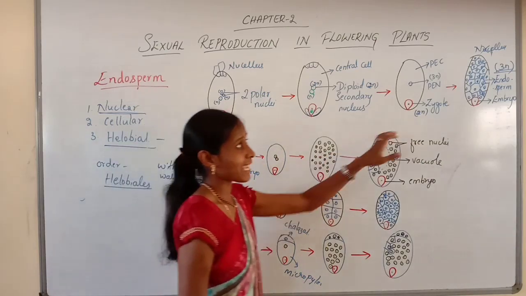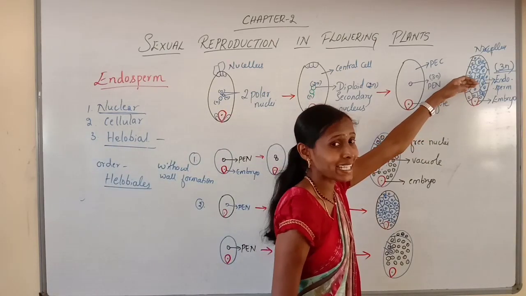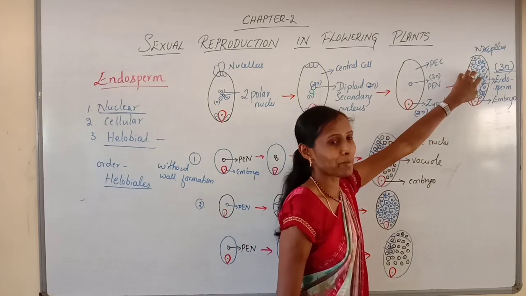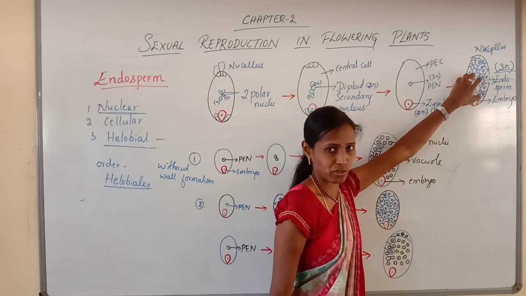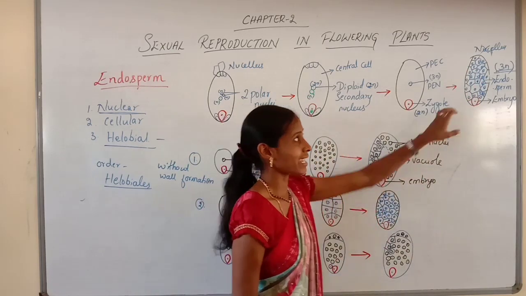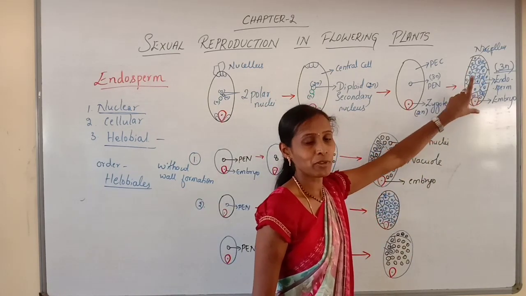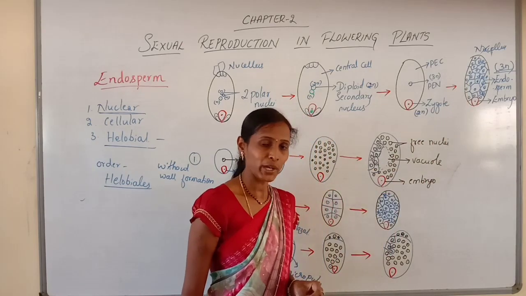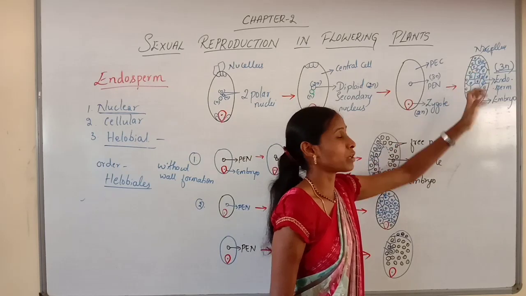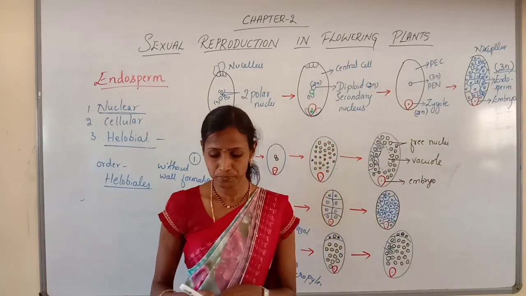This endosperm may be completely utilized by the embryo, or sometimes it may remain or persist. When you observe seeds, certain seeds contain a part of the endosperm, which is called persistent endosperm. In some other seeds, this endosperm will be completely used up.